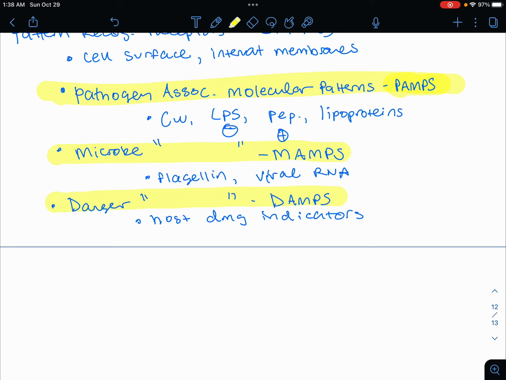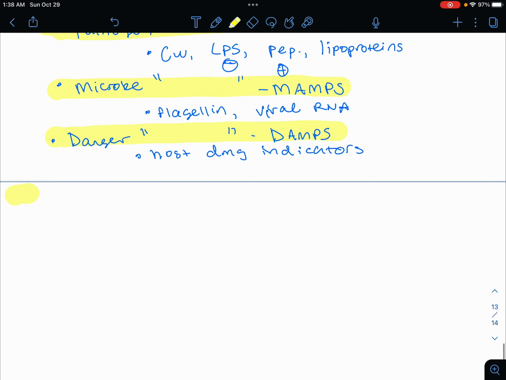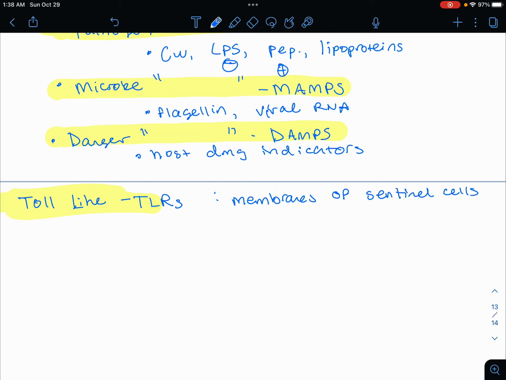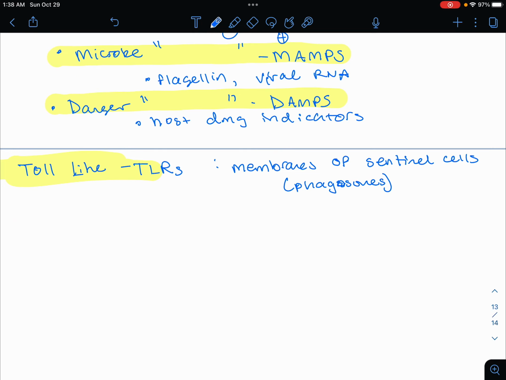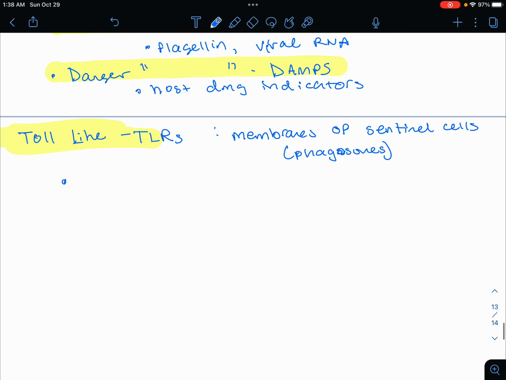Alrighty, let's now again talk about another type. We have toll-like receptors. These are TLRs, and these are going to be in the membranes of sentinel cells, also known as the phagosomes. So they're going to find PAMPs.